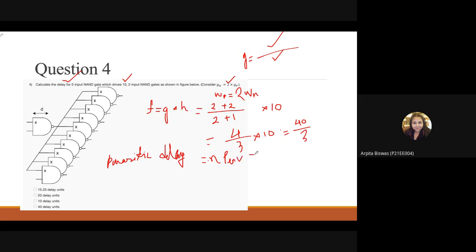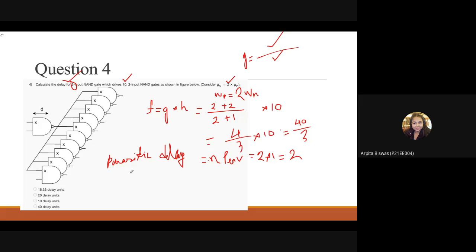So it's twice of, into 1, equal to 2. This is the formula, but always remember, if it is 2 input, then the parasitic delay is 2. If it is a 3 input NAND gate, then the parasitic delay is 3. Okay, for 2 input, the parasitic delay is 2.